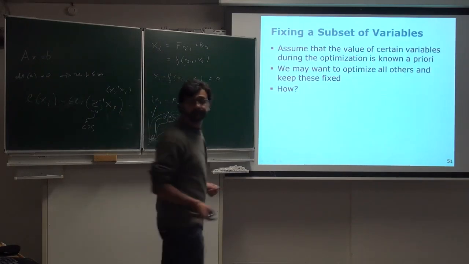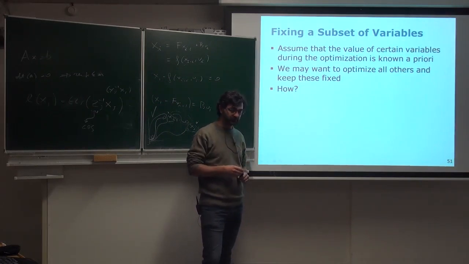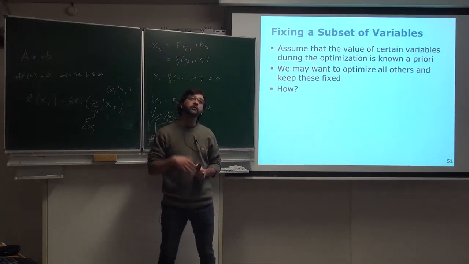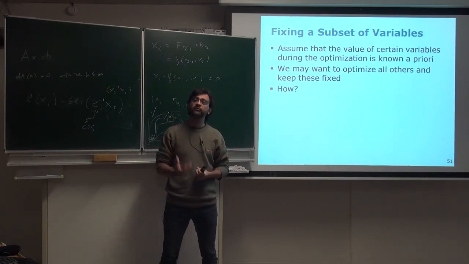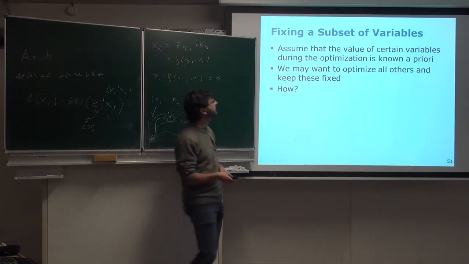So now you have seen everything with respect to the global reference frame, but we can also compute an estimate of all the different poses by considering one pose as given, okay, or with respect to one individual pose.